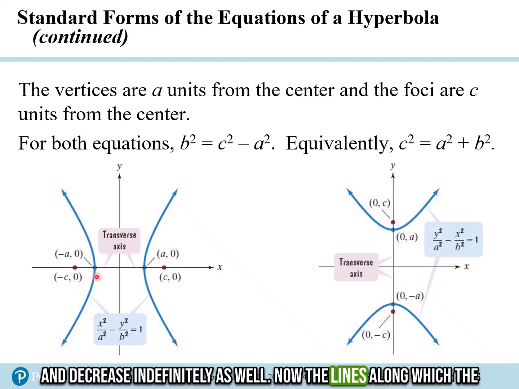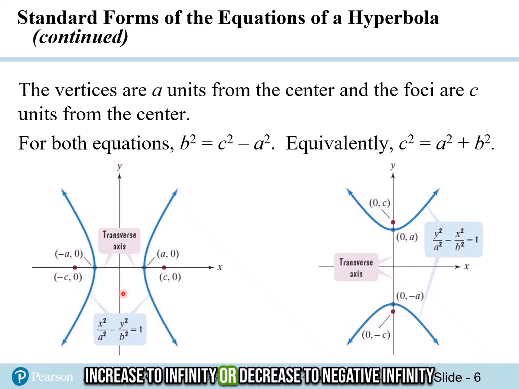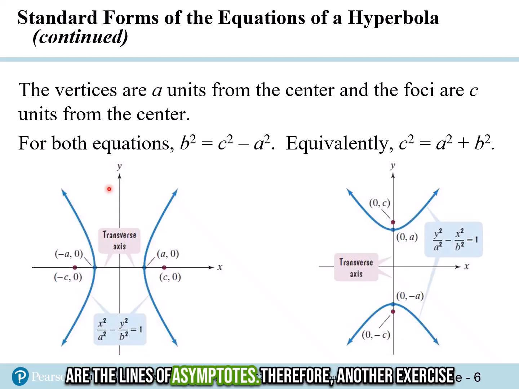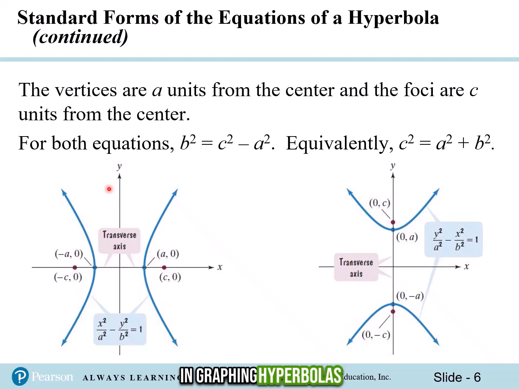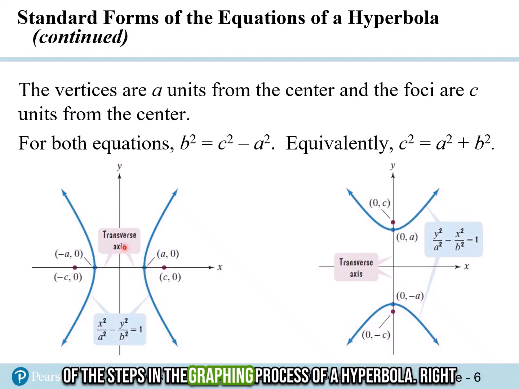Now, the lines along which the graphs increase to infinity or decrease to negative infinity are the lines of asymptotes. Therefore, another exercise in graphing hyperbolas is to locate the position of the asymptotes, and that will be one of the steps in the graphing process of a hyperbola.